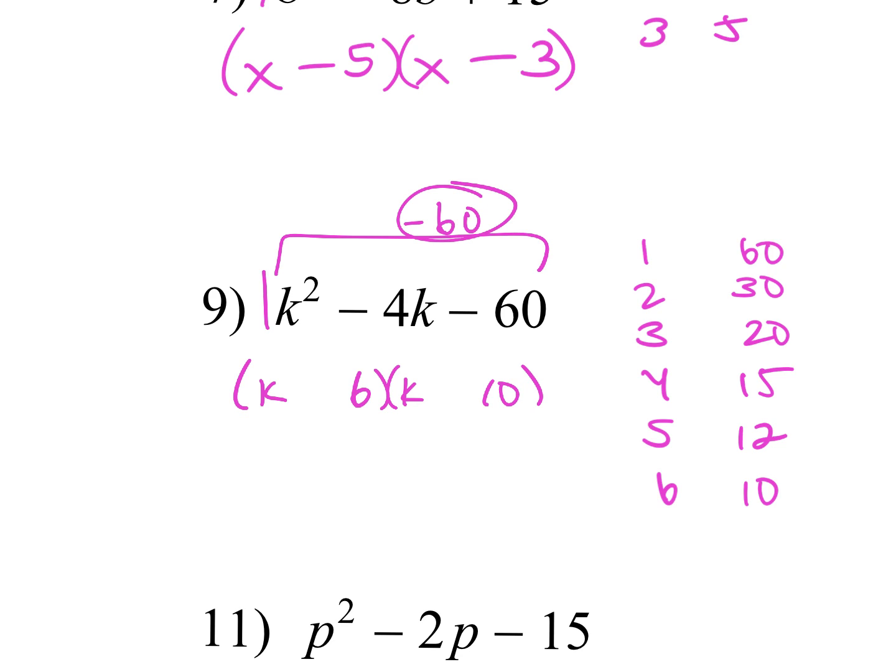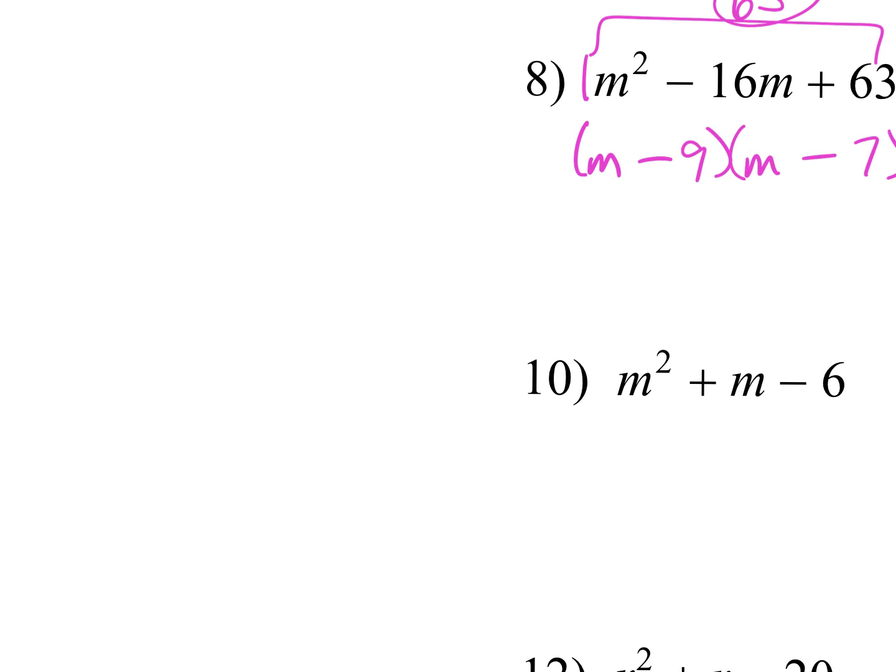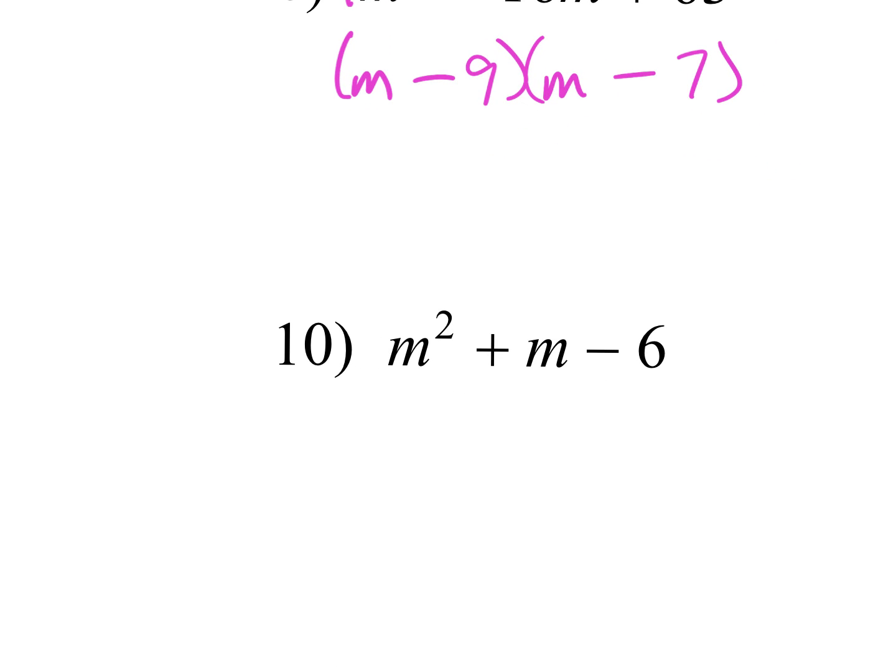It's going to give me a positive, so 10 minus 6. If you want to know a trick, if the last sign is negative, the middle sign goes with the bigger factor. Always. Or you could just use your brain. Whichever you prefer. All right?